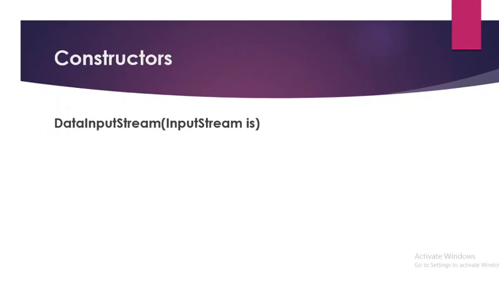So any input stream class object you can use as an argument while creating an object of the data input stream class. Now the data output stream class constructor uses an argument of type output stream class, OS. Any output stream class object you can use as an argument while creating an object of the data output stream class.